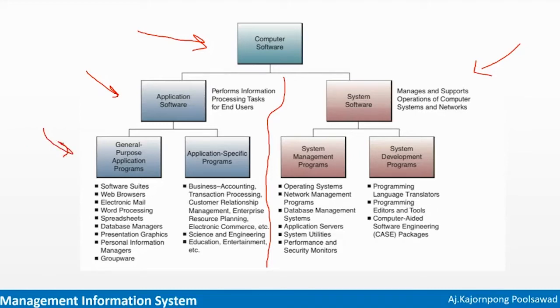And then we talk about application-specific programs, like business accounting, transaction processing, customer relationship management, enterprise resource planning, electronic commerce, science and engineering, education, and entertainment. When we talk about application-specific programs, we talk mostly about the enterprise for the job.